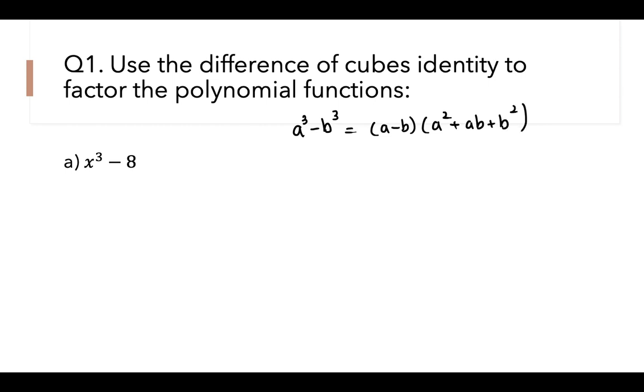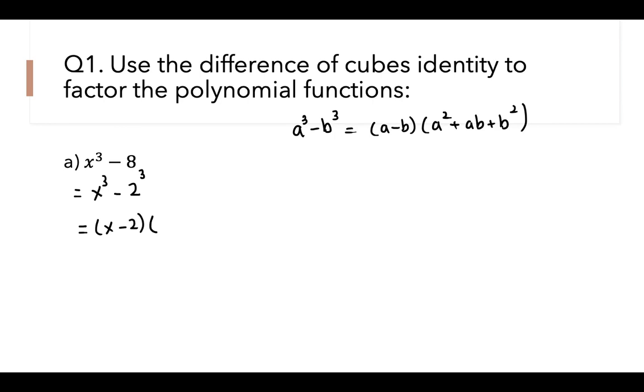Then we can rewrite it in terms of single terms. I can rewrite this as x cubed minus 2 cubed, right? Then I can apply x and 2 into the formula. Because it's a difference, it's x minus 2.